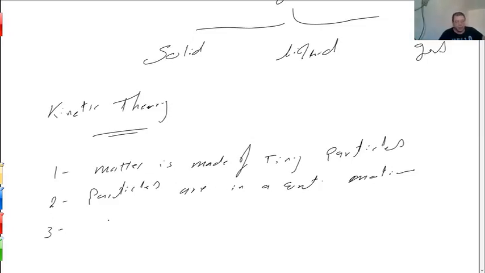And you're supposed to know this motion increases by increasing temperature. The motion of particles increases by increasing temperature. The three assumptions again, if you don't mind: matter is made of tiny particles, particles are in continuous motion, motion increases by increasing temperature.